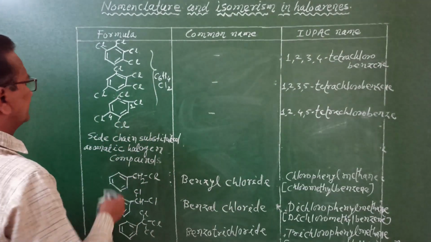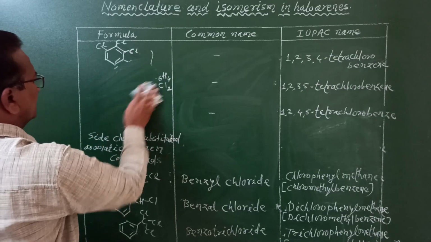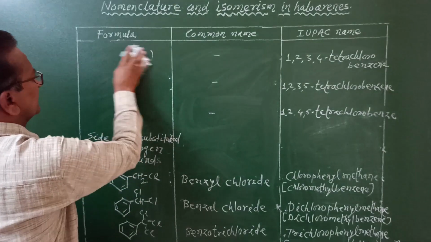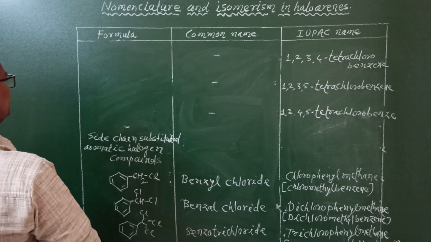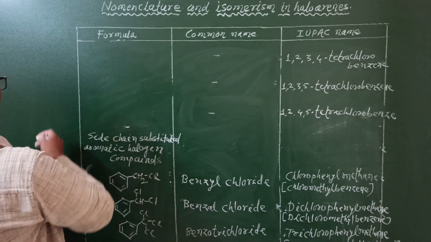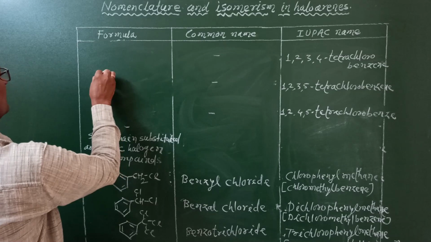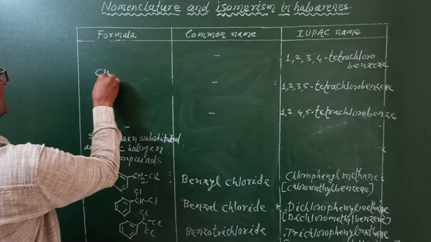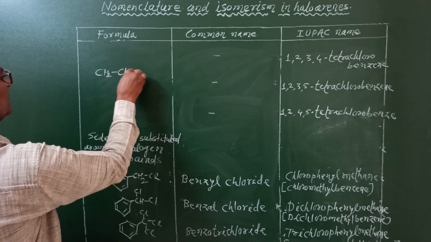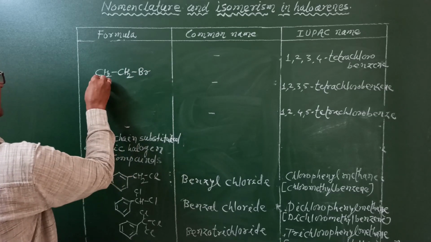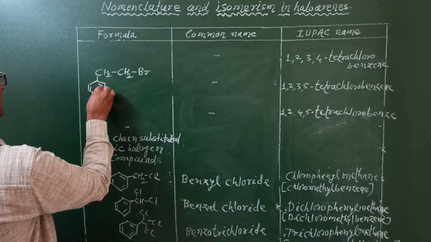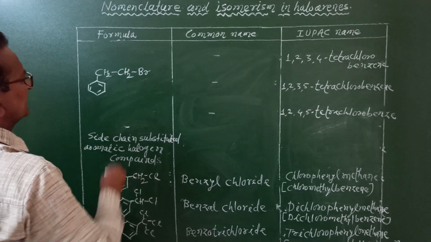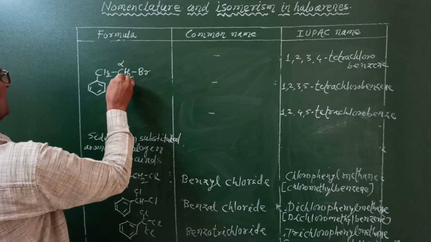Let us see one more example, the last one, in the case of side chain substituted aromatic halogen compounds. Here CH2Br is there, and to this the phenyl group is bonded, so this is referred to as alpha.